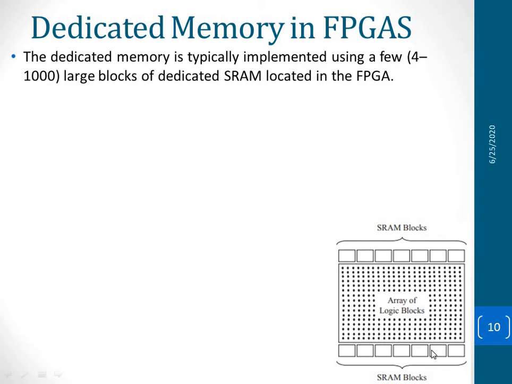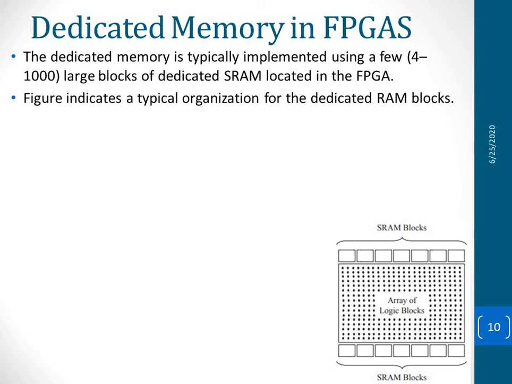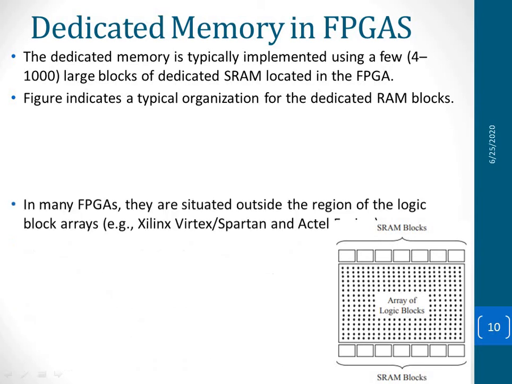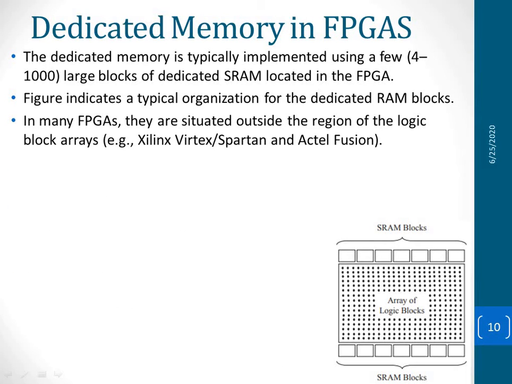So as I already discussed in the lookup table based implementation, these SRAM cells can be made to work as memory as well. So these SRAMs located on the FPGA can be used as dedicated SRAM. This figure indicates the typical organization for the dedicated RAM blocks. In many FPGAs, they are situated outside like what you have seen here.